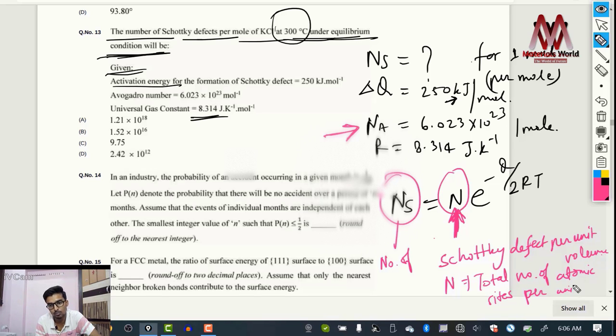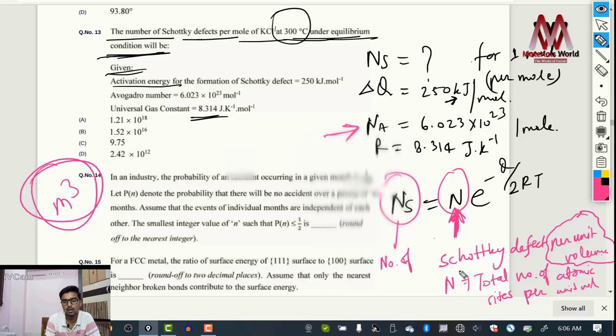If it is per unit volume, students are habituated with per meter cube. So N will also be the total number of atomic sites per meter cube, right?